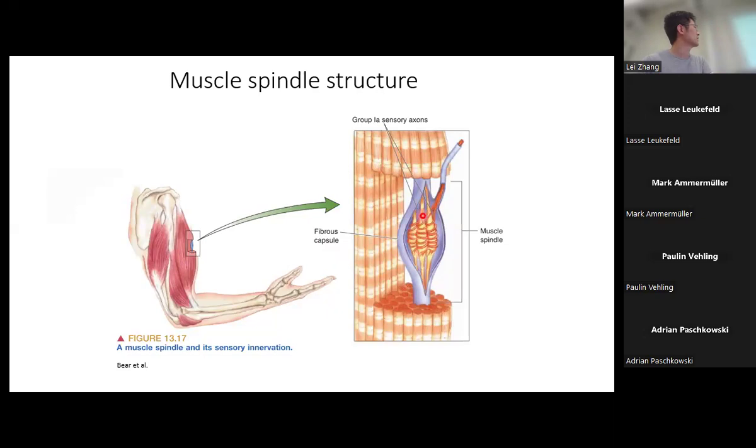There are smaller muscle fibers here, and sensory axons wrap around these thinner fibers and go back to the spinal cord. When your muscle is stretched or changes length, these axons sense the change in muscle length and give the information back to the nervous system. So we say that the muscle spindle is a sensor of muscle length.